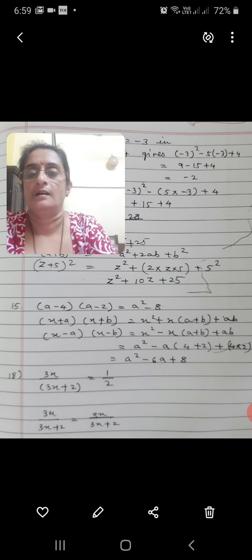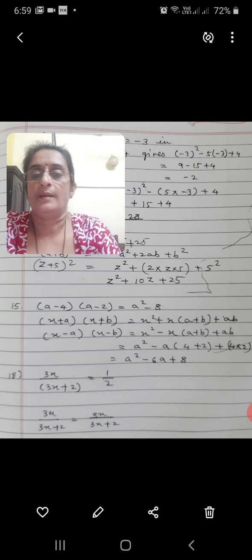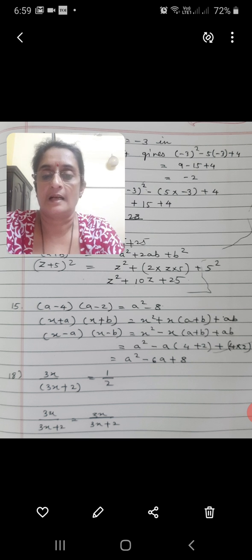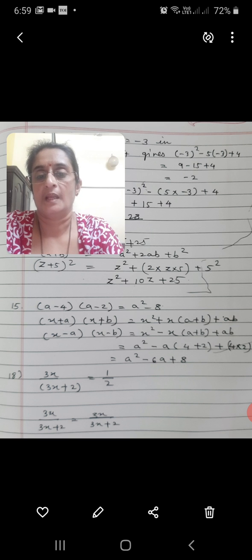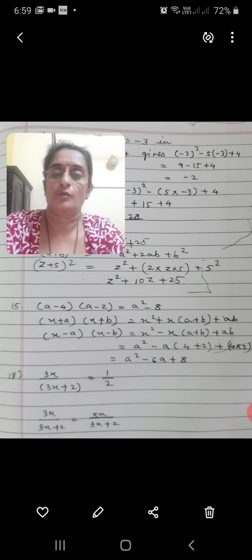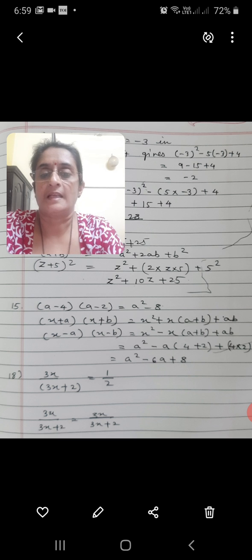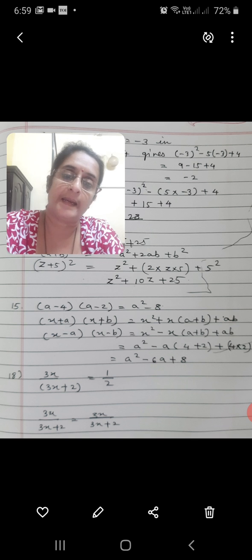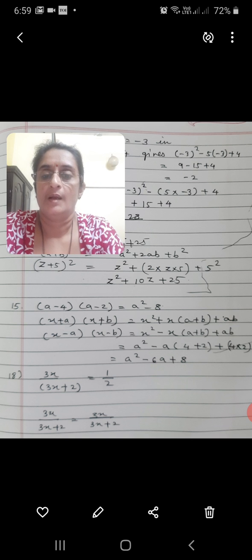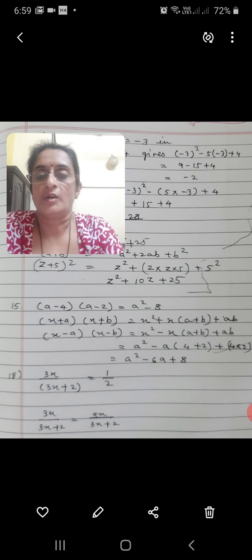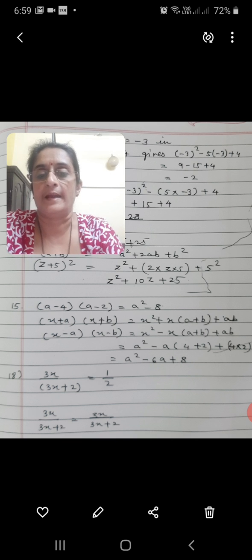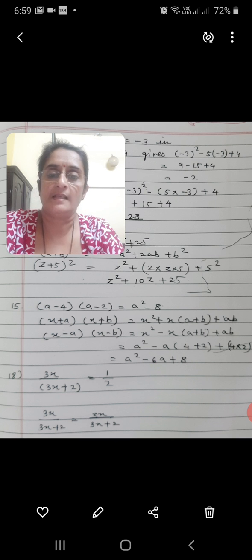Next is (a minus 4)(a minus 2). The answer they have given is a square minus 8, but we'll check whether this answer is correct. Here, the question is in the form (x plus a)(x plus b), the fourth identity which I taught in the previous class. But here, instead of the positive sign, a negative sign is given, so it is in the form (x minus a)(x minus b).